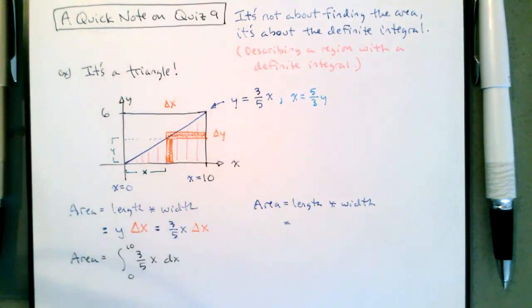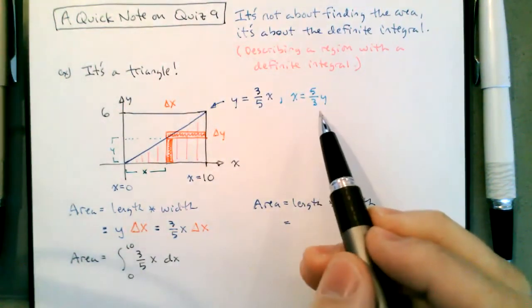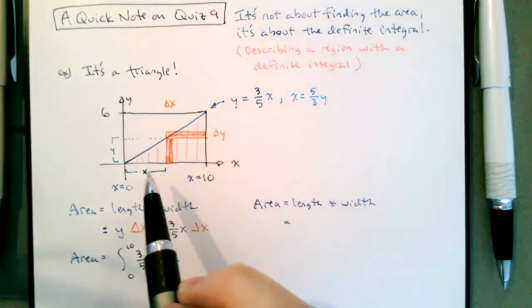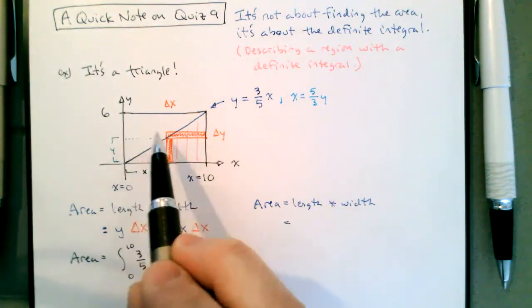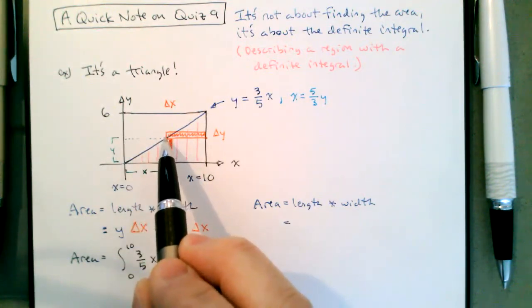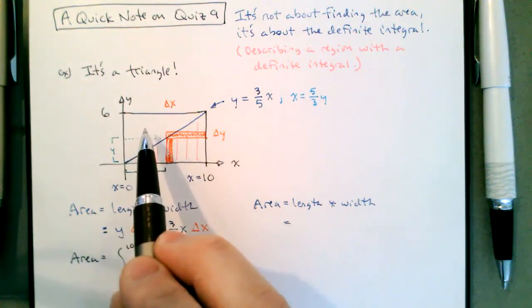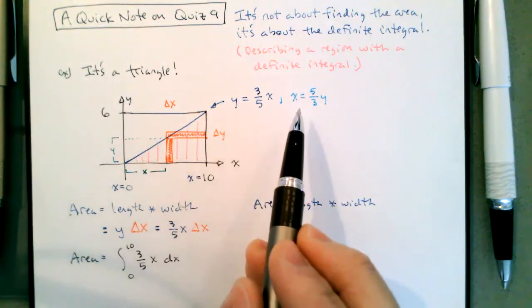So, in this rectangle, I've got a length and I've got the width. Now, if you use 5/3 y, 5/3 y is this distance here. This is 5/3 y from the y axis to the curve. But that's in the top triangle. The length in the top triangle is 5/3 y.